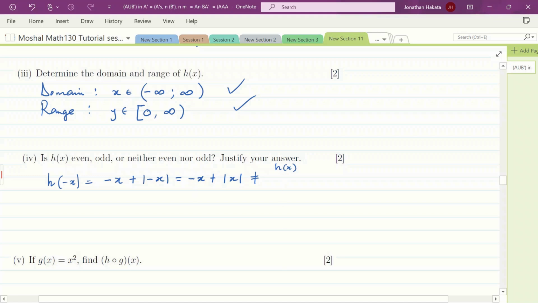So h of x is not equal to negative h of x.